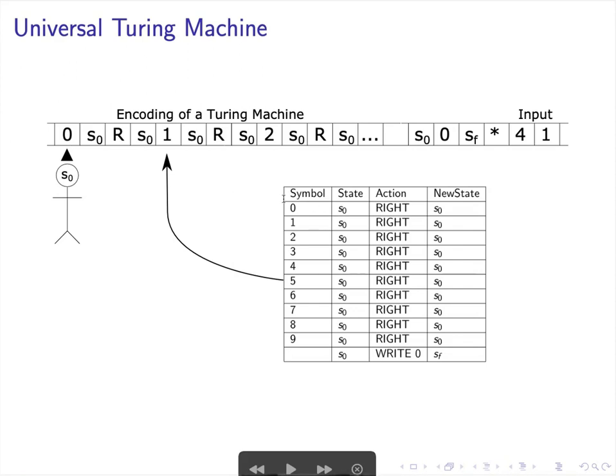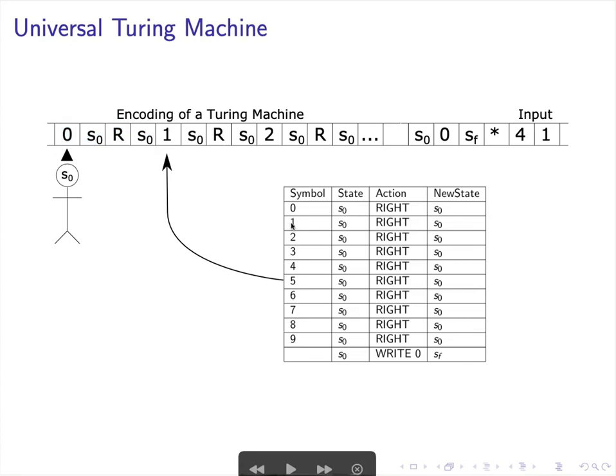For example, in the case of the program that multiplies any number by 10, we can encode these lines in order in this way. When we read 0 and we are in state S0, we do action write, and then we go to state S0. The first 4 symbols here mean exactly that, okay?